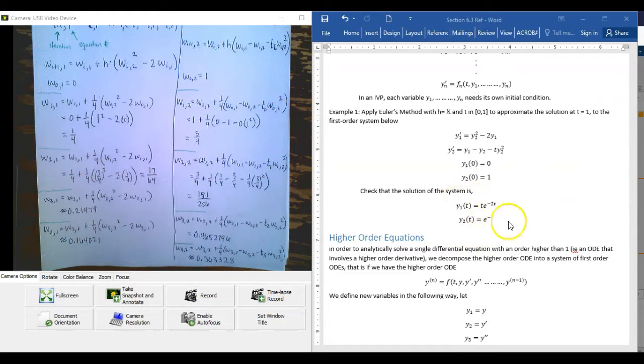these two functions. So all we would need to do is make sure that y prime of 1, so we take the derivative with respect to t of this guy, is equal to y2 squared minus 2y1. So let's do that.